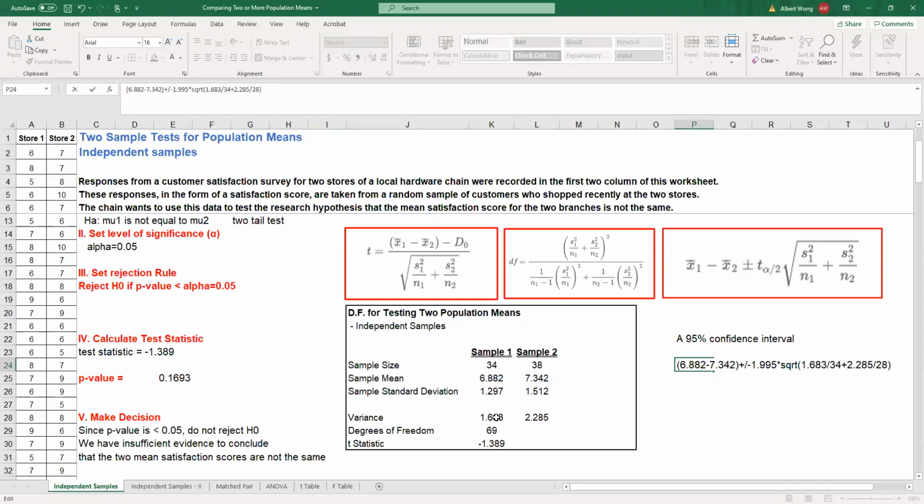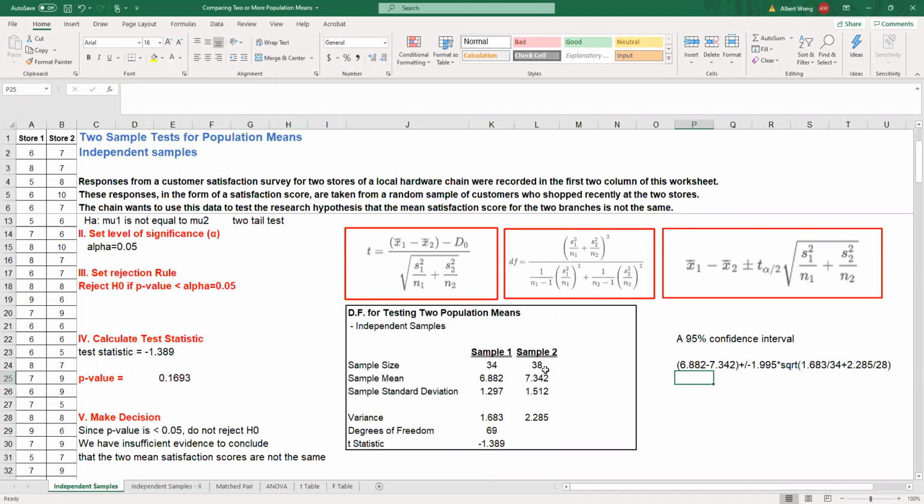If you're not using the variance, you have to use 1.297 squared and 1.512 squared, which would equal these two numbers in the formula. Okay, so this is how you construct a 95% confidence interval using these six statistics that we can summarize from the data.